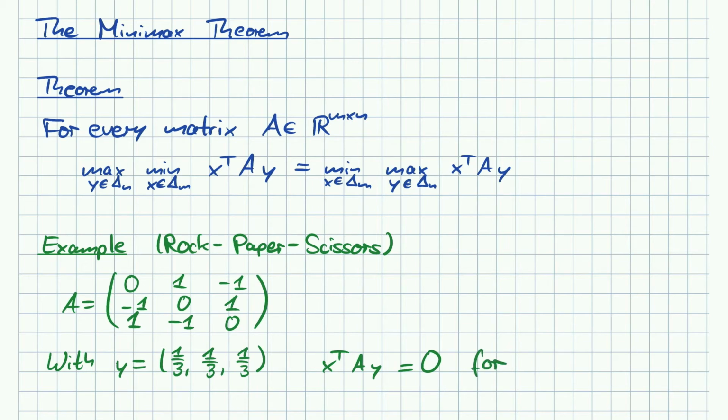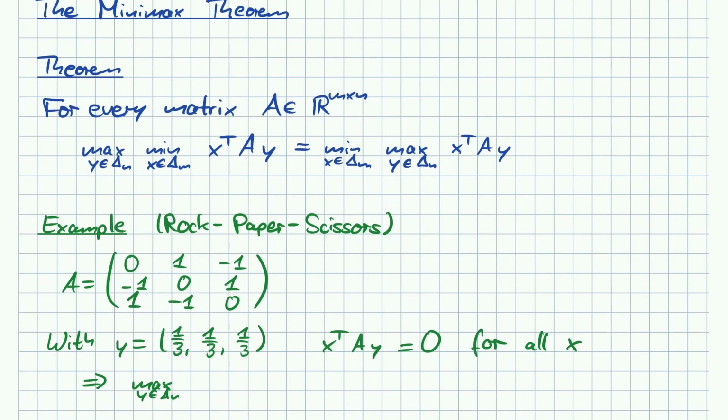So this will hold for all X, which means nothing but that the maximum over all Y in delta n, the minimum of all X in delta m, X transpose AY, this will be at least 0, because one possible option for this maximum would be choosing this Y accordingly.